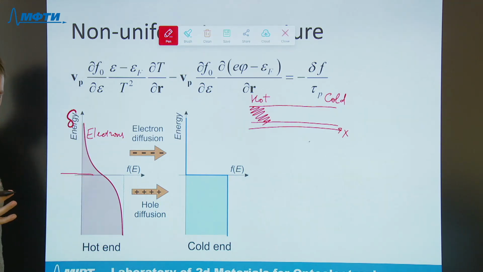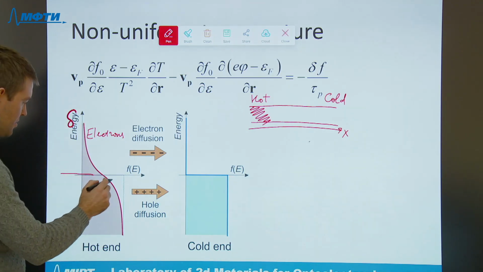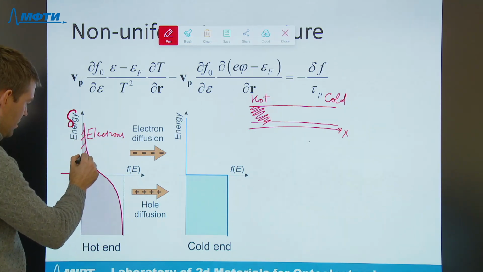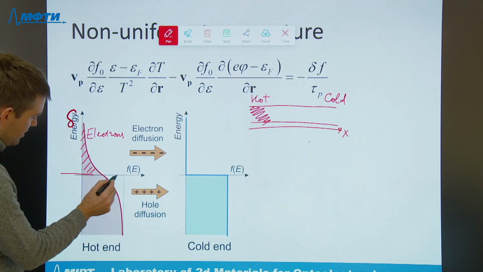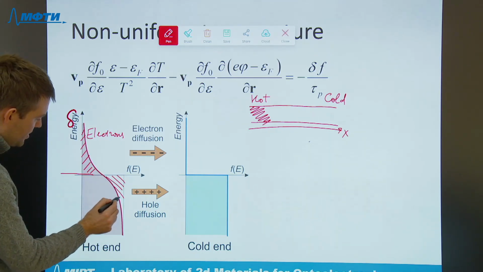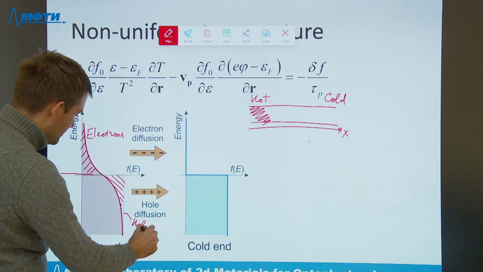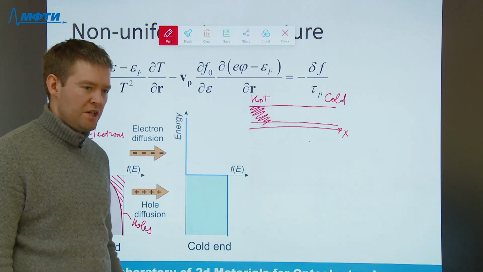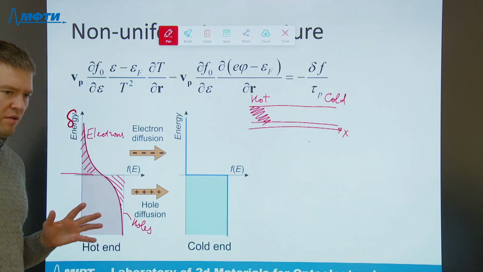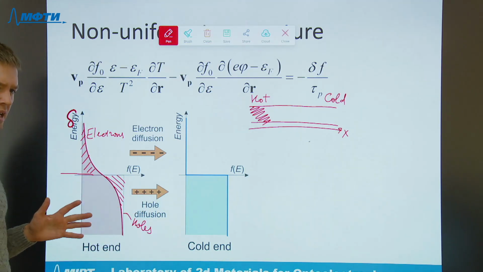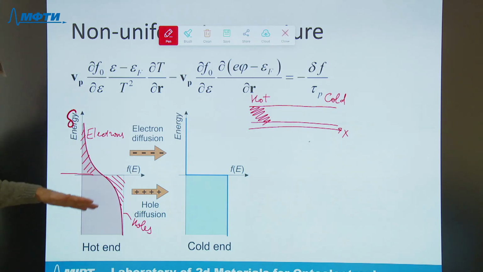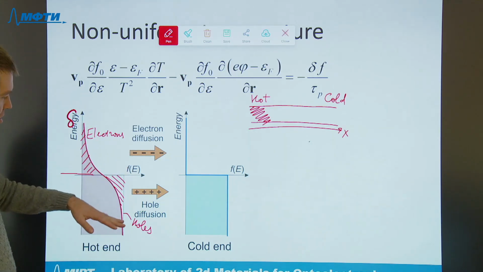Well, it might look like everything is electrons, but the empty spaces below the Fermi level we would call holes. It's like a notation of Fermi liquid theory, but anyway, we can do this.